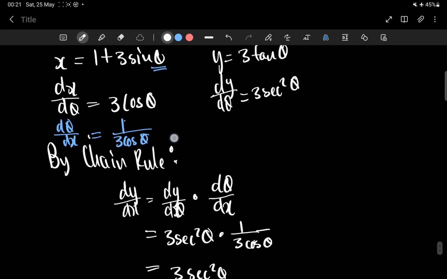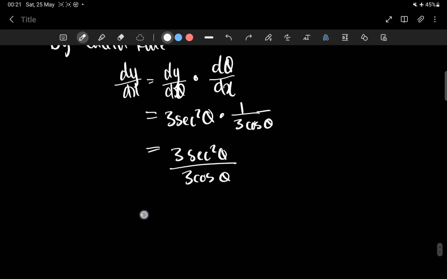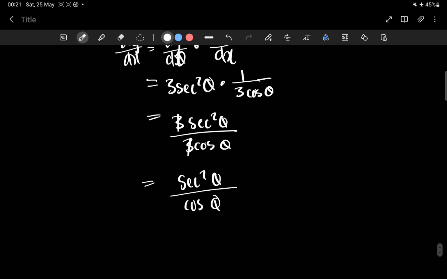So remember, this is the stage where you need to be careful, to change your dx d theta to your d theta dx. The 3 and 3 cancel, and you remain with sec squared theta over cos theta. And this is going to be your final solution, and you are done.